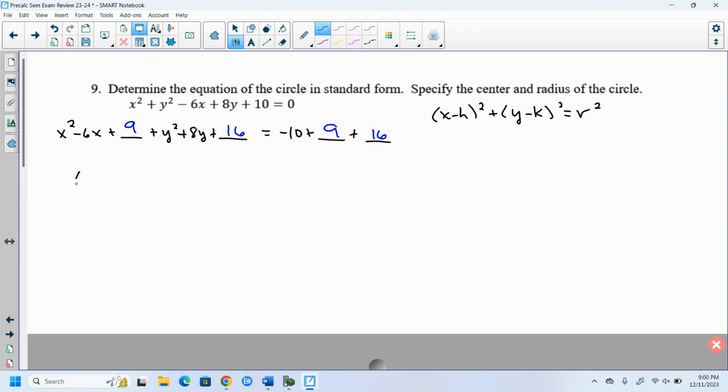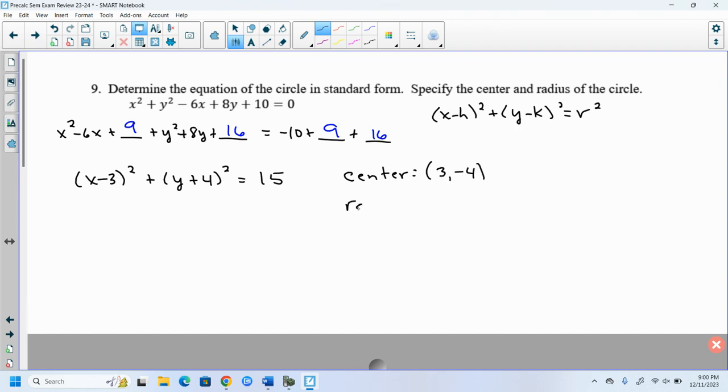And I factor. I get x minus 3 squared plus y plus 4 squared. Negative 10 plus 9 is negative 1 plus 16 gives me 15. Center: 3, negative 4.